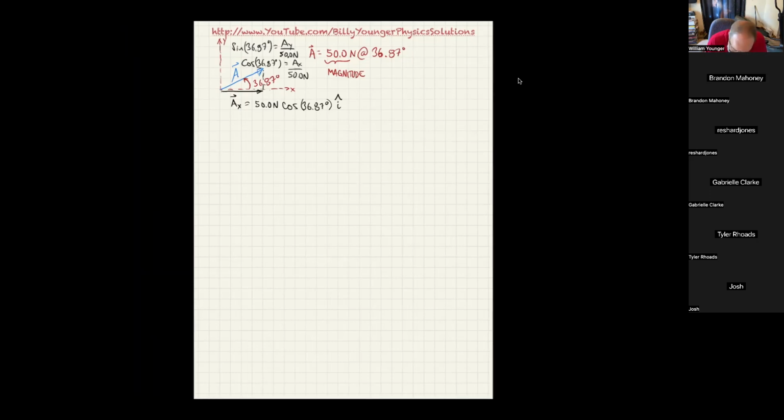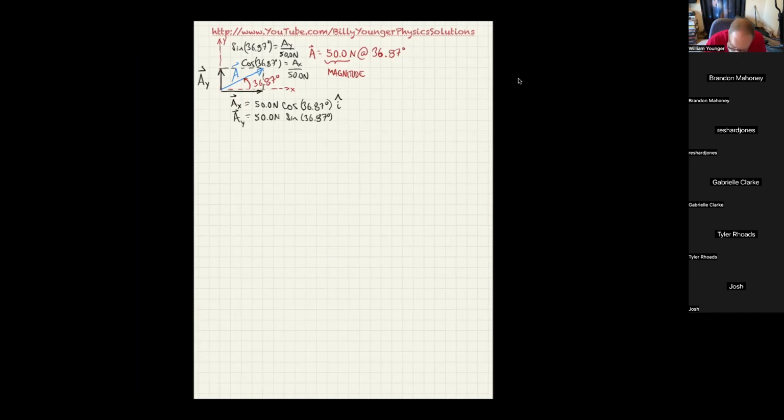So right now, I'm going to imagine a shadow cast on the y-axis right here. And this vector is going to be called the a sub y vector. From the trip that we took by writing the sines and the cosines down, we can now see that a sub y is going to be 50.0 newtons times the sine of 36.87 degrees.